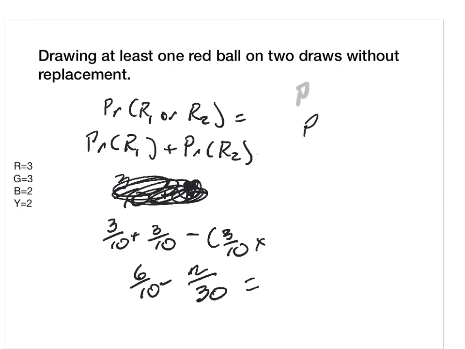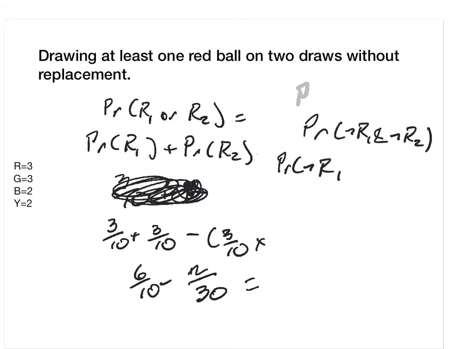Okay, probability of non-red on the first one and non-red on the second one. Okay, so how many non-red balls do we have? Well, let's go ahead and make this explicit.